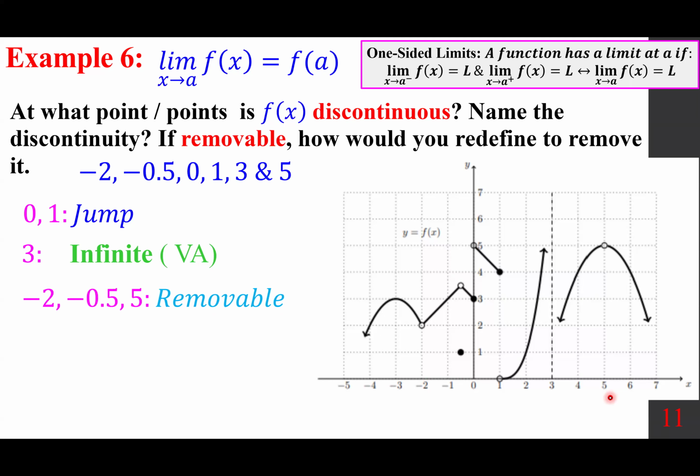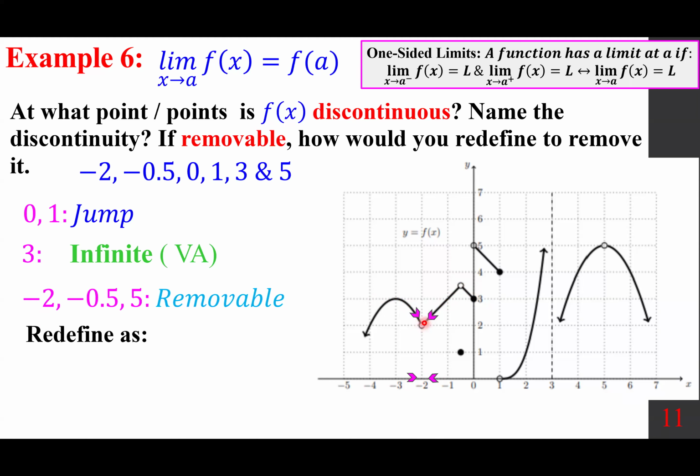So how do we redefine those? Starting with the first point, -2, notice if you come from the left and right of -2, from the left we're moving this way, from the right we're moving this way. Both of them are moving towards this hole.